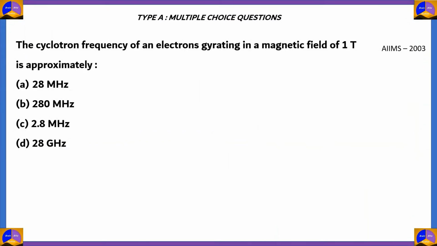Now, let's look at this question. The cyclotron frequency of an electron gyrating in a magnetic field of 1 Tesla is approximately 28 megahertz, 280 megahertz, 2.8 megahertz, 28 gigahertz.